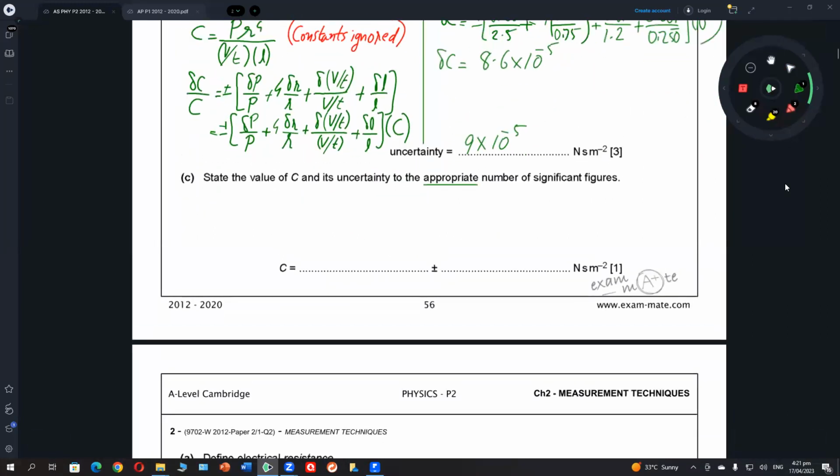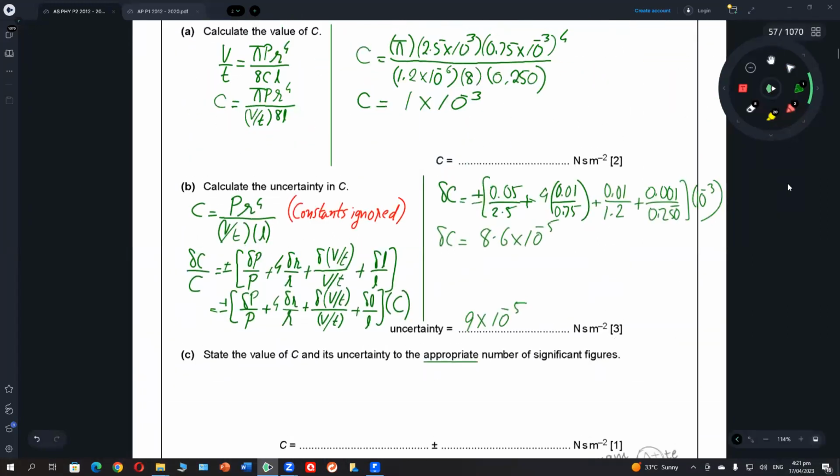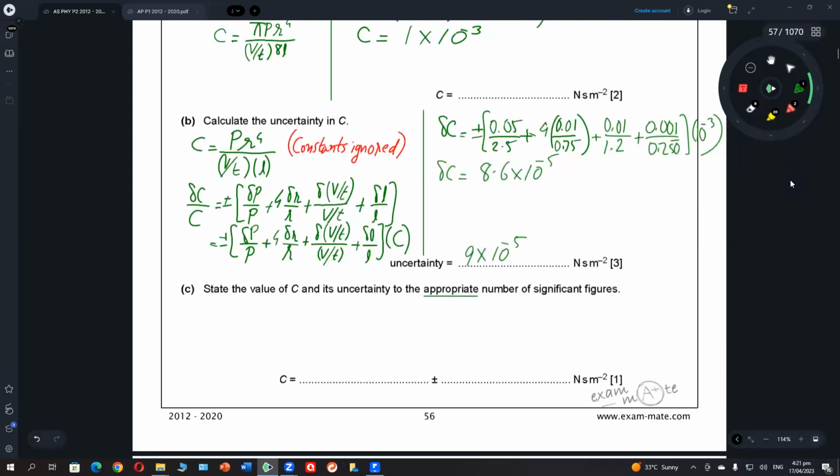I have to take a common power. C is in power of minus 3 and here it is 10 power minus 5, so let's make the uncertainty 10 power minus 3.